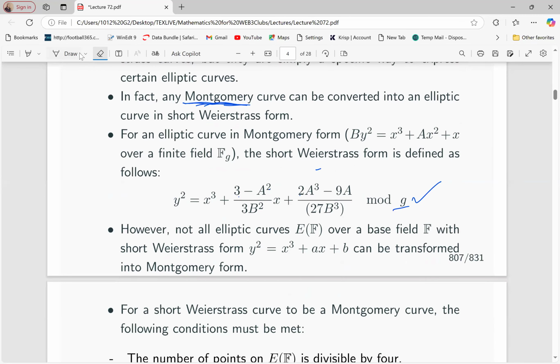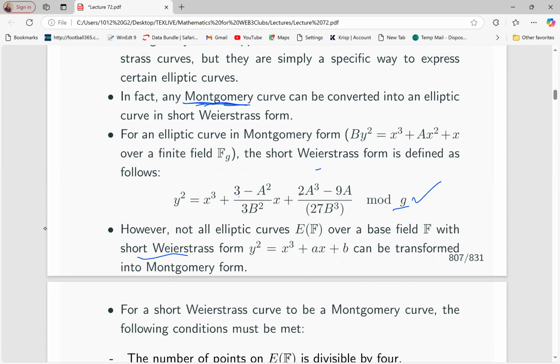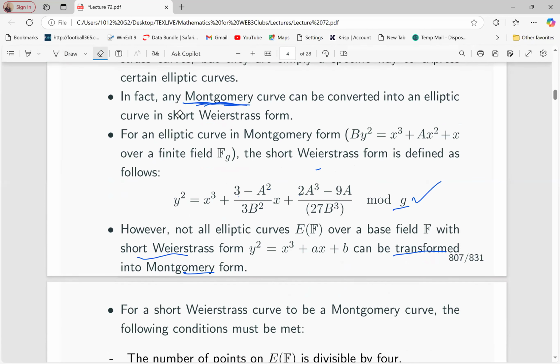I've already emphasized this point, that not all elliptic curves in the short Weierstrass form can be converted to Montgomery. Not all of them. So which ones can we convert? That is the point that follows.